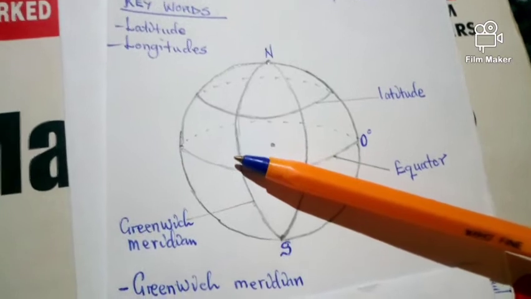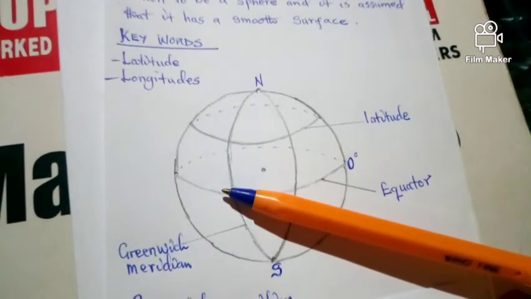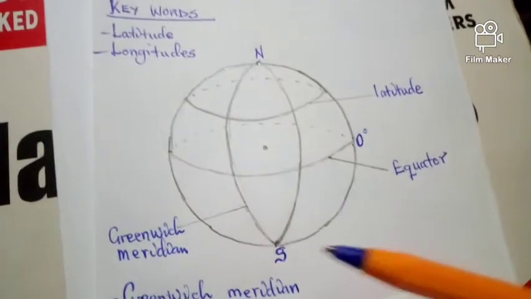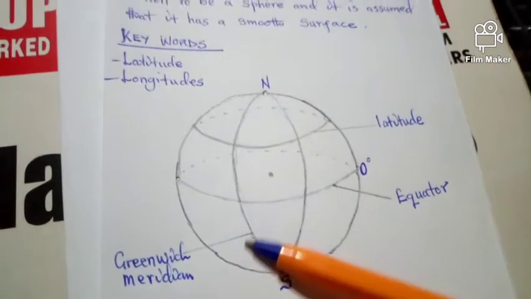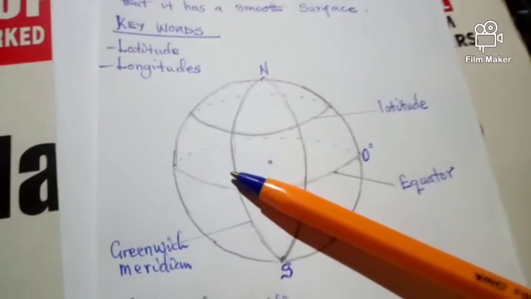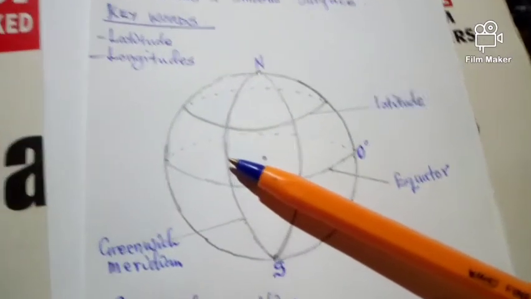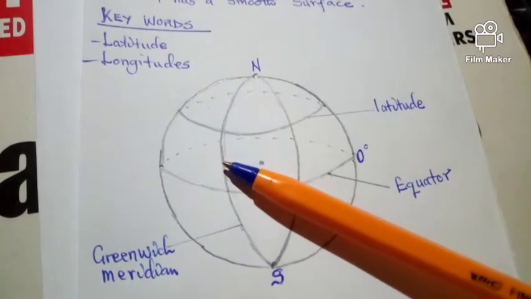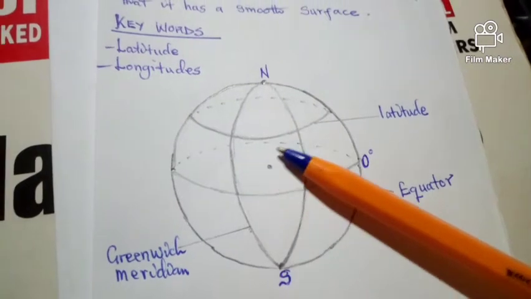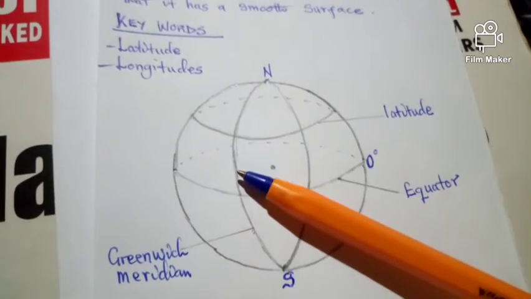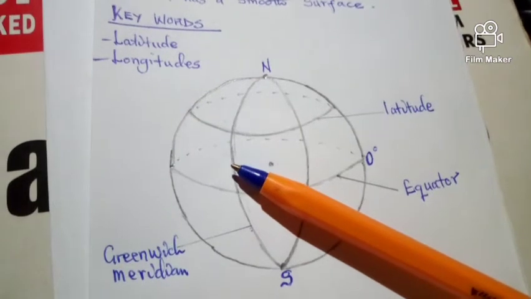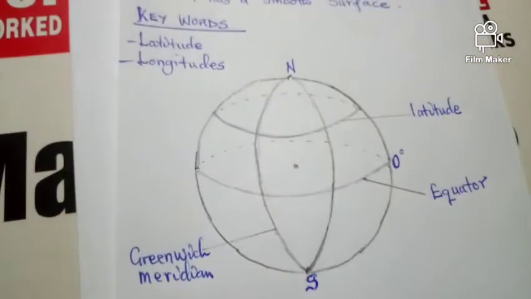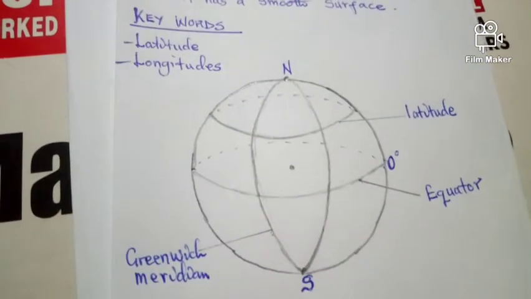And this is the line that is used to measure all the other meridians. Now, what does that mean? It means when you start looking at the angles from here going to the east, you start from the Greenwich meridian. And also when you're going to the west, you also start from the what? From the same Greenwich meridian.